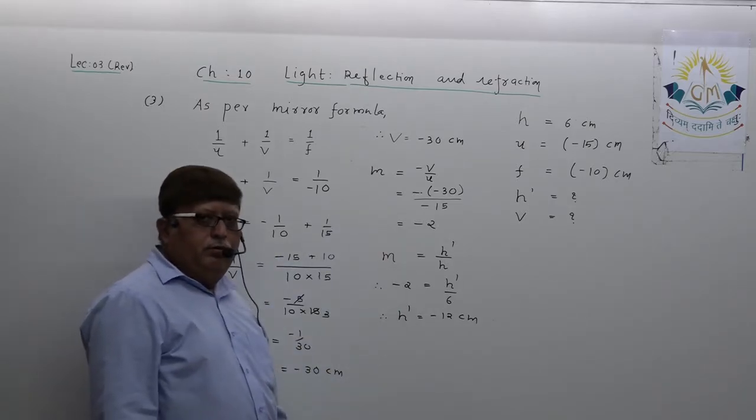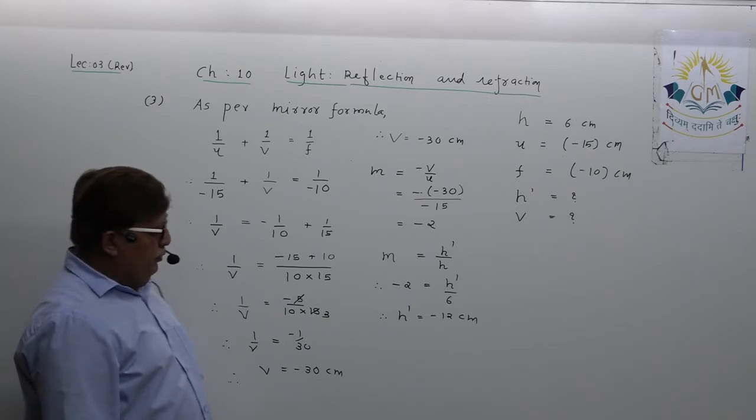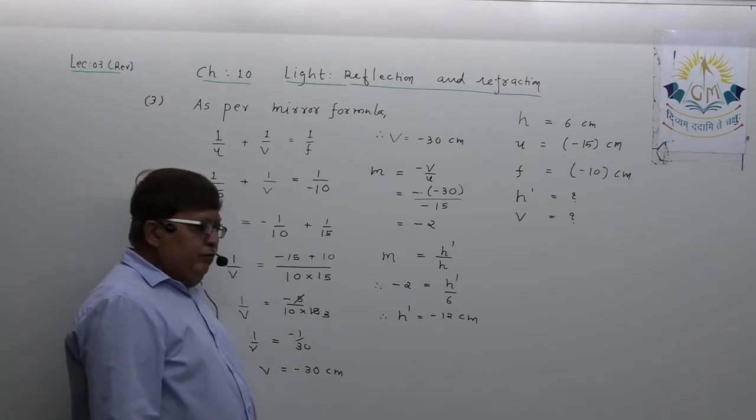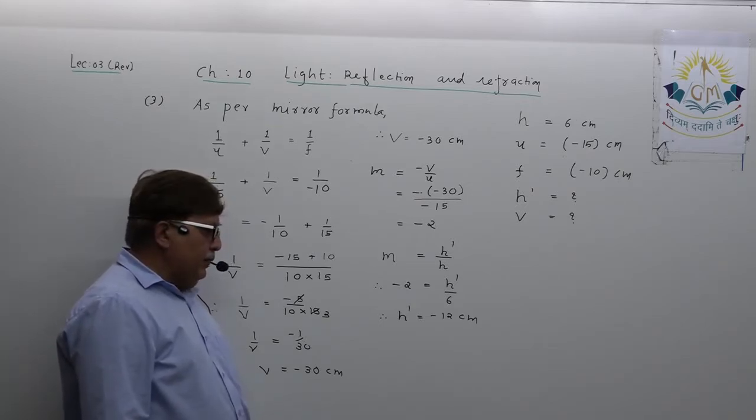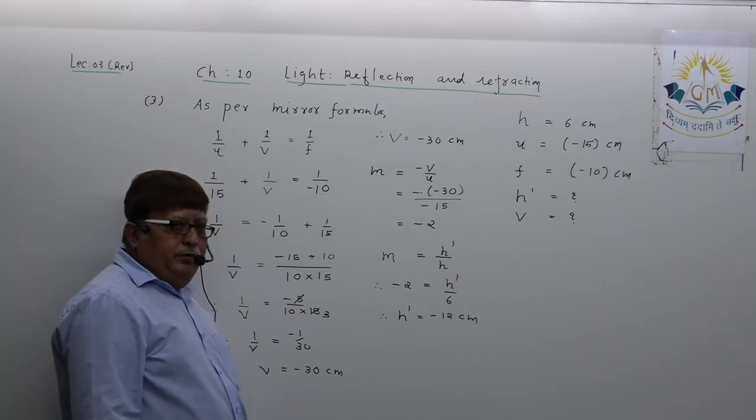You got both the values: image distance minus 30 centimeter and image height minus 12 centimeter.